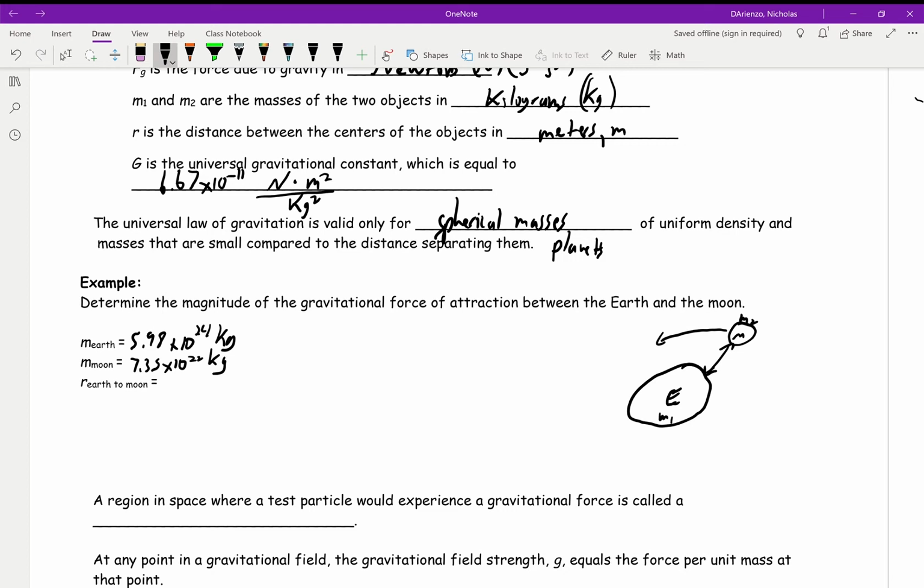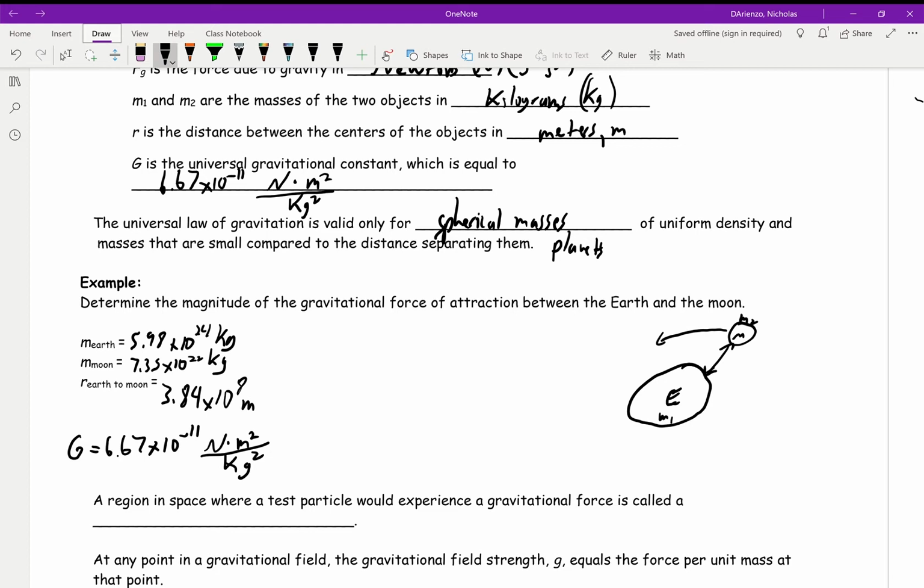And the distance from the Earth to the Moon, from the center of the Earth to the center of the Moon, not surface to surface, is 3.84 times 10 to the 8th meters. Another piece of information here that we're going to need to know is our universal constant, which is 6.67 times 10 to the minus 11th newtons times meter squared over kilogram squared.